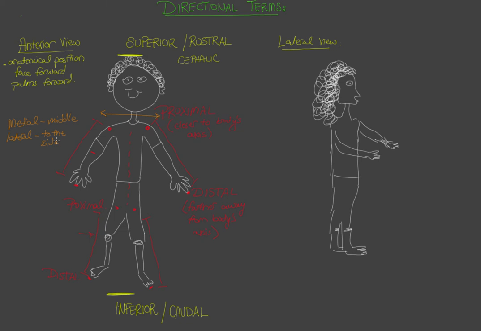So for example, let's say we look at the ears. We can say that the ears are lateral with respect to the nose, and the nose is medial with respect to the ears.